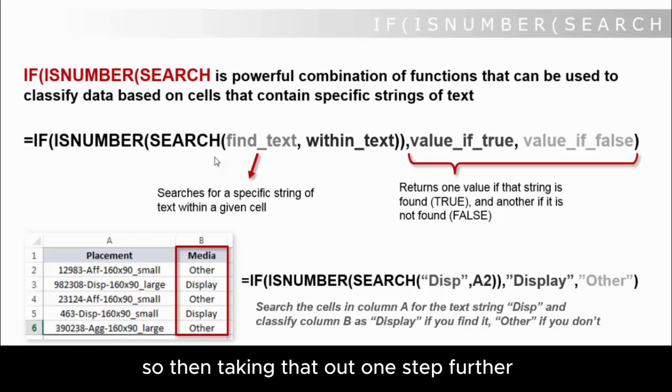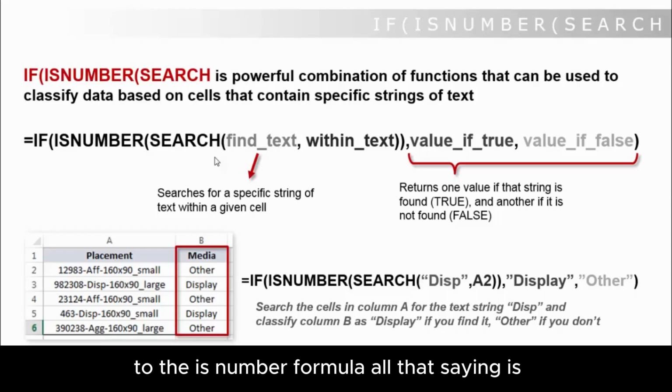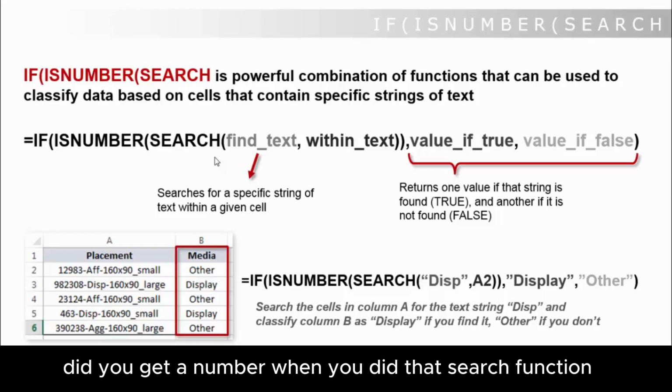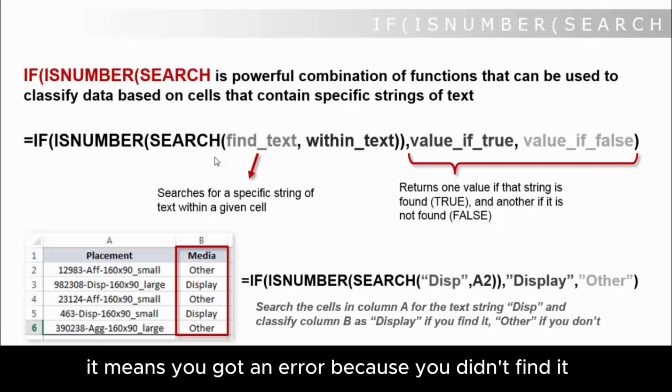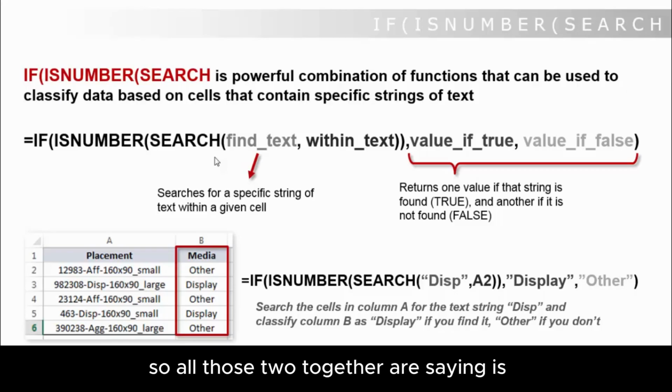Taking that out one step further to the ISNUMBER formula, all that's saying is, did you get a number when you did that search function? Yes or no? If you got a number, it means it's returning the position of that thing you were looking for, meaning it found it. If you don't get a number, it means you got an error because you didn't find it. So those two together are saying is, did you find what you're looking for or not?